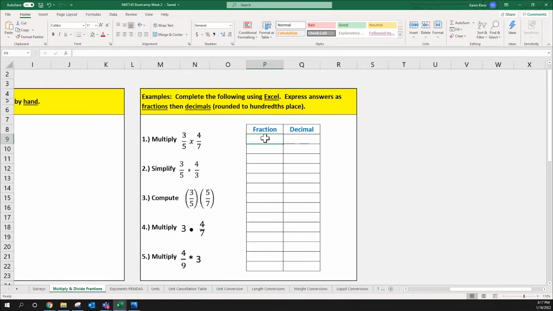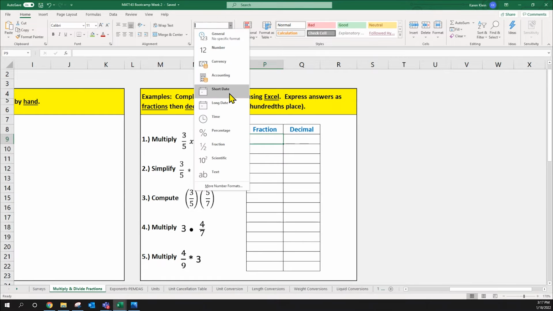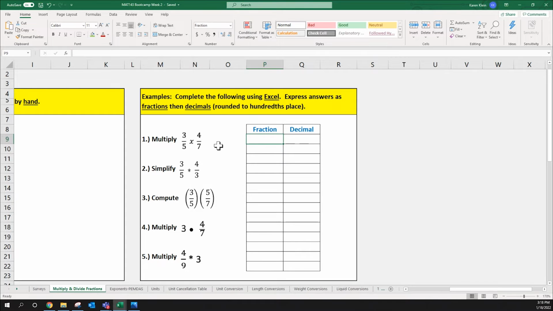In other words, if I want this to be shown as a fraction, up here under the number, we want to select, hey, I would like to see a fraction. Now, if I type in 3/5 times 4/7, I have to first use an equals. And because I have two fractions, I'm going to use parentheses. So I have 3 divided by 5 times 4 divided by 7.